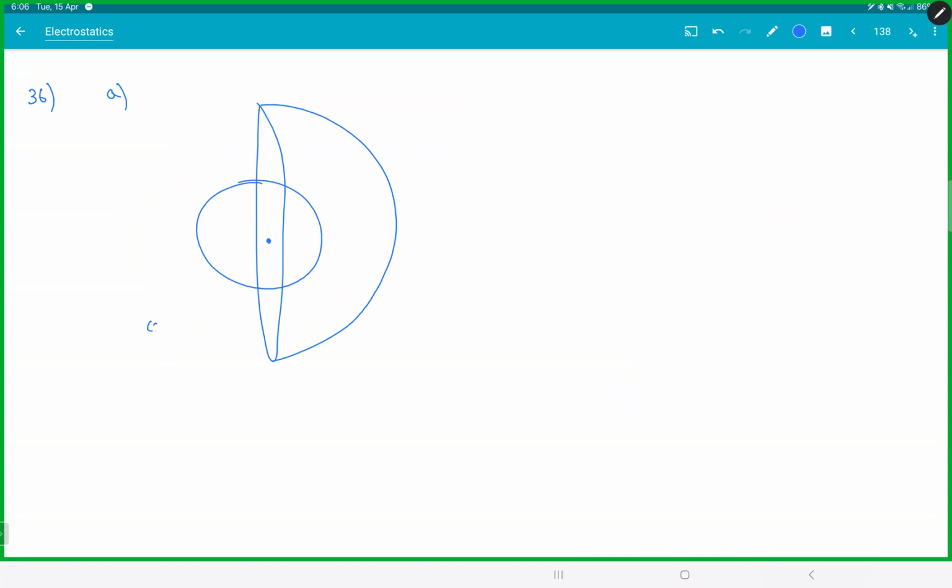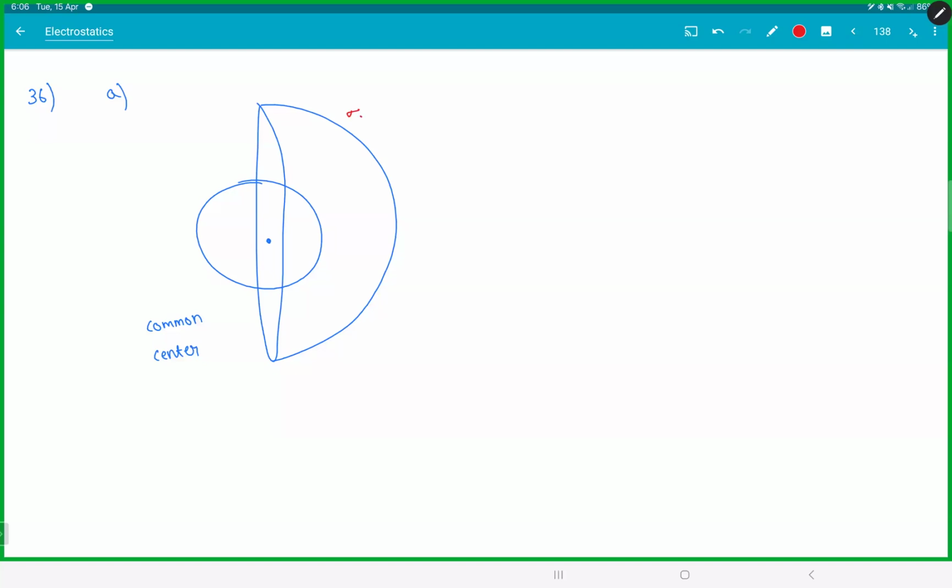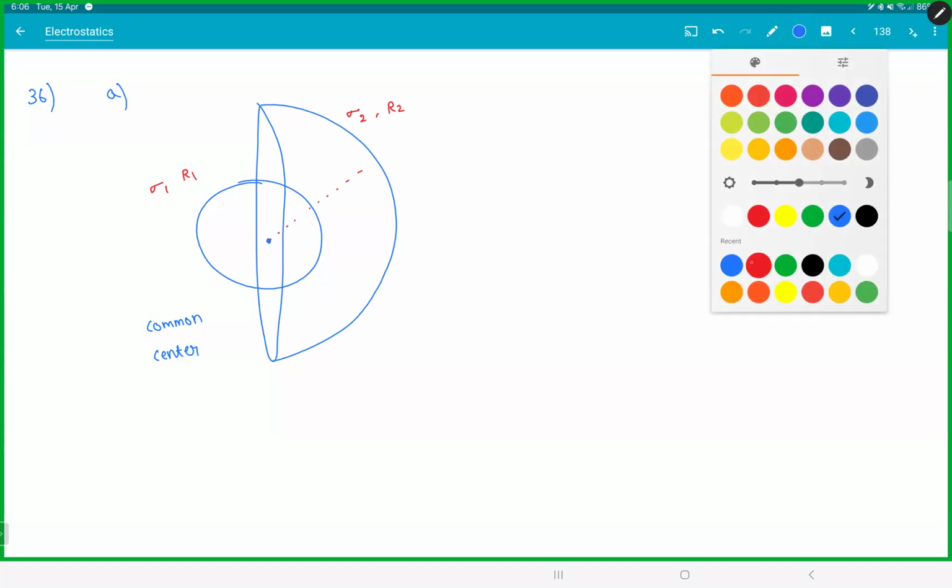Common center. So let's say this guy is sigma 2 and radius is r2. This is sigma 1 and the radius is r1. Okay, so again, same story. Both have positive, positive, so they will repel. Find the force between them.